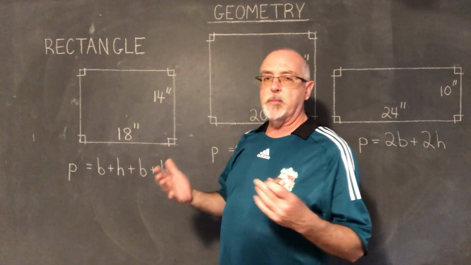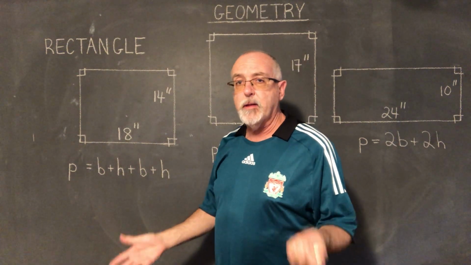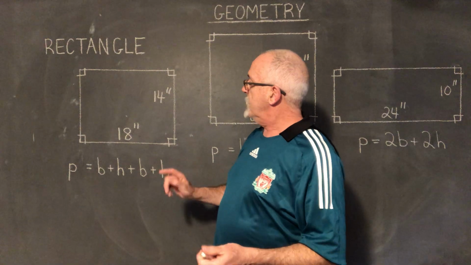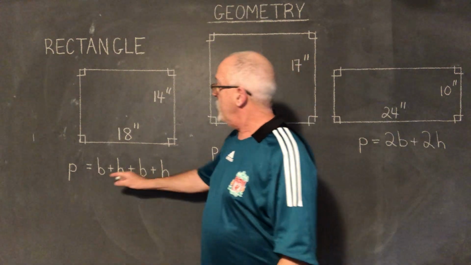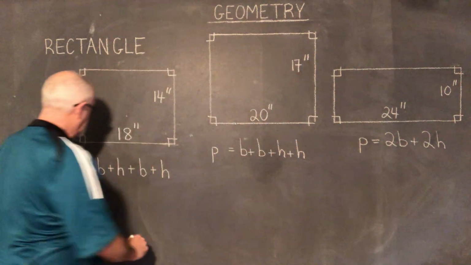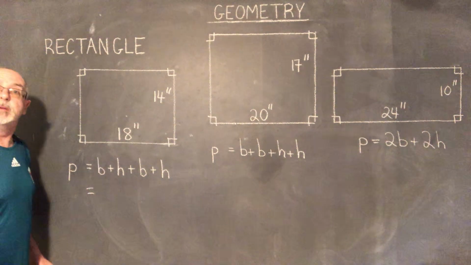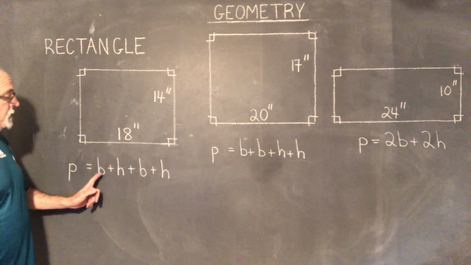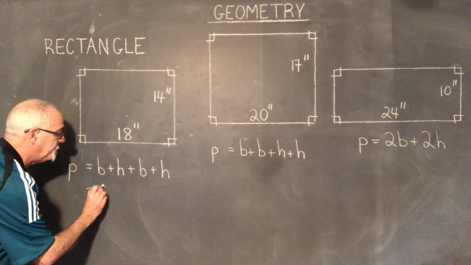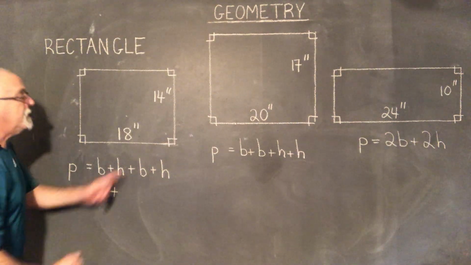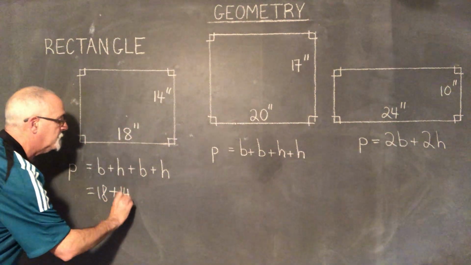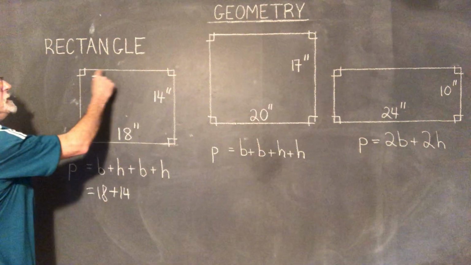One of the ways of finding the perimeter is to simply add together the length of all four sides. So I'll do that. Okay, so the base is 18 inches. To that I add the height, which is 14 inches. But now I have to add the base, which is this 18 inches.